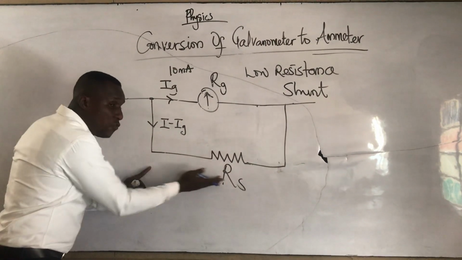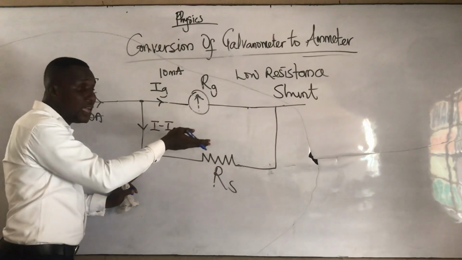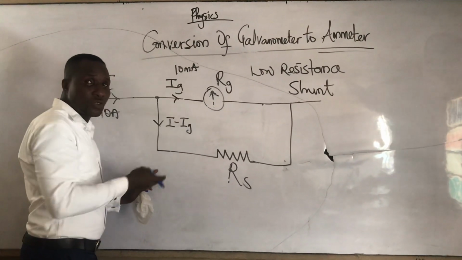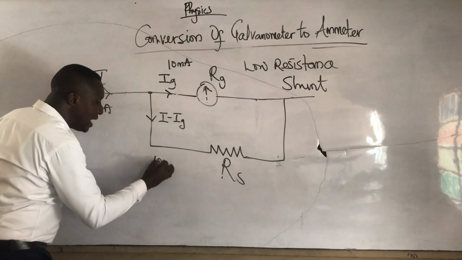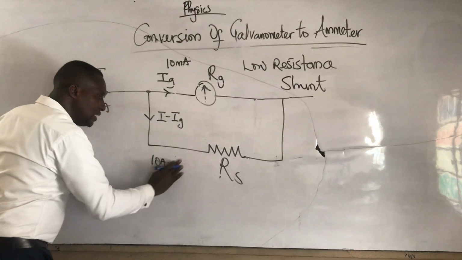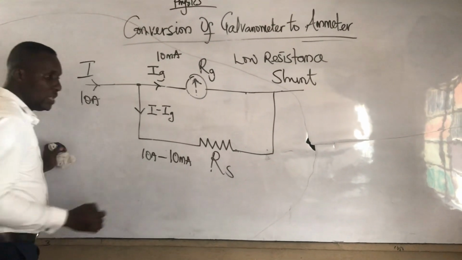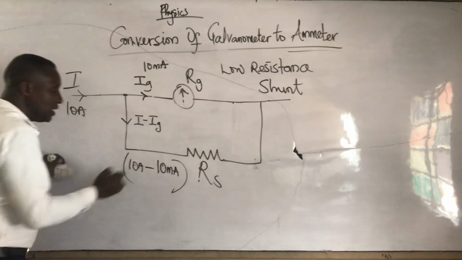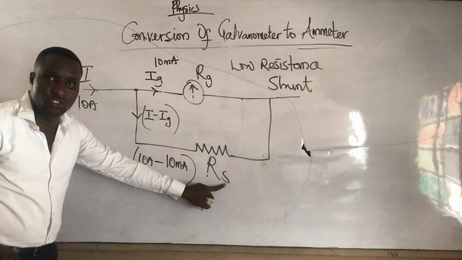Then the current that will flow through the shunt, which is connected in parallel to the galvanometer, is the total current, which is 10 ampere, minus the current in the galvanometer, which is 10 milliampere. This is the current that will flow through the shunt.